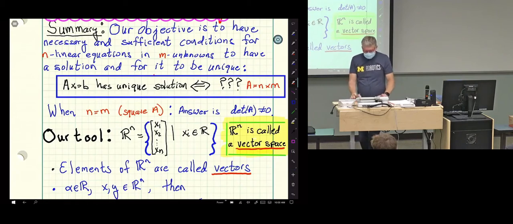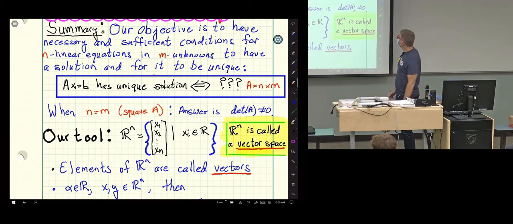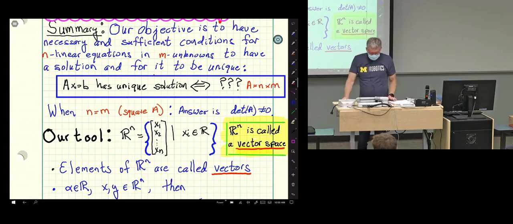So what are we trying to do right now? We've been solving systems of linear equations. When A is square, same number of equations as we have unknowns, we've got that down. There exists a unique solution if and only if the determinant of A is not equal to 0.